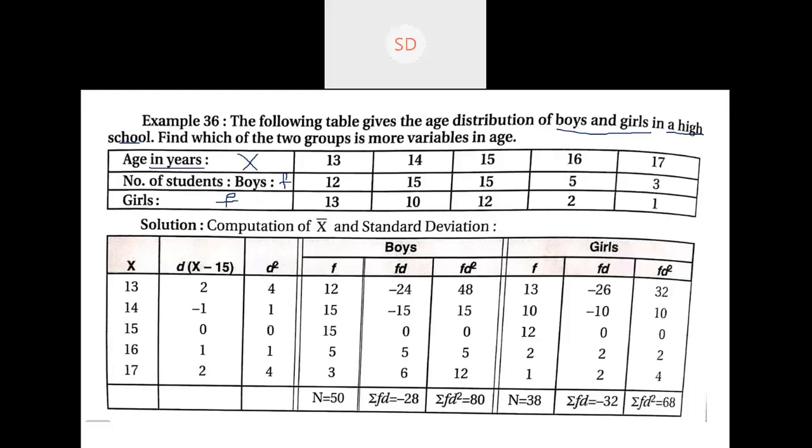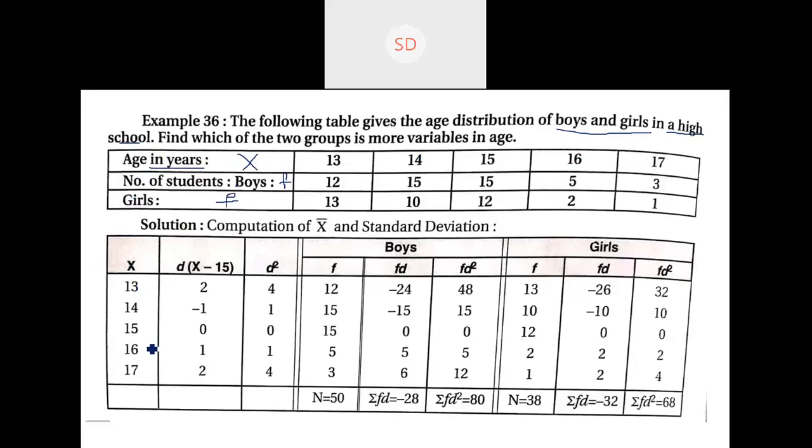Now let's see how to solve this. You are supposed to calculate the arithmetic mean as well as the standard deviation. These are the two main things you're supposed to calculate. For that, you have to check what is x, f and then do the calculation. Let's take the x values first: 13, 14, 15, 16, 17.